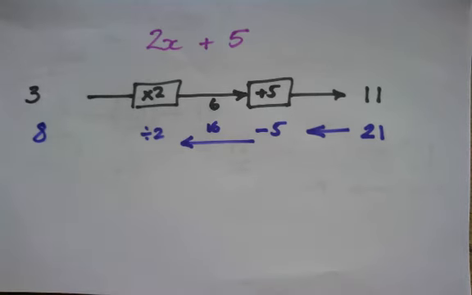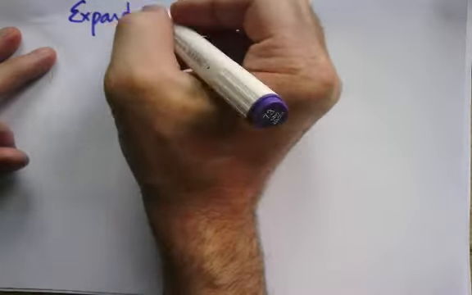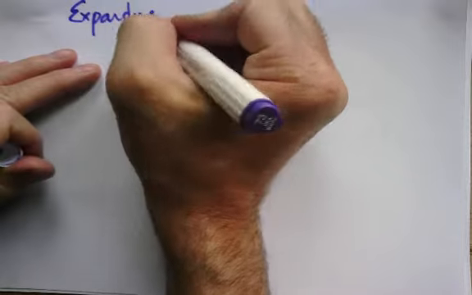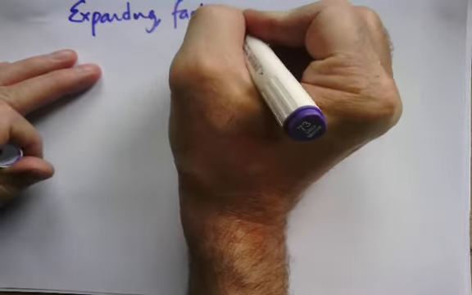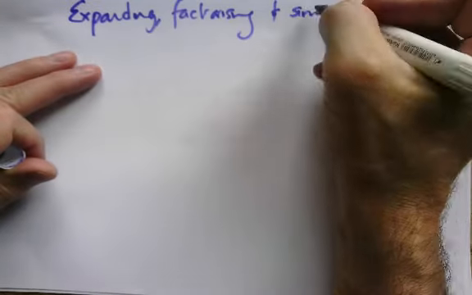Now, whilst you're still here, I'm going to go to the next slide, which is expanding, factorizing, and simplifying expressions. Okay, might as well just keep all this going. So expanding, factorizing, and simplifying.